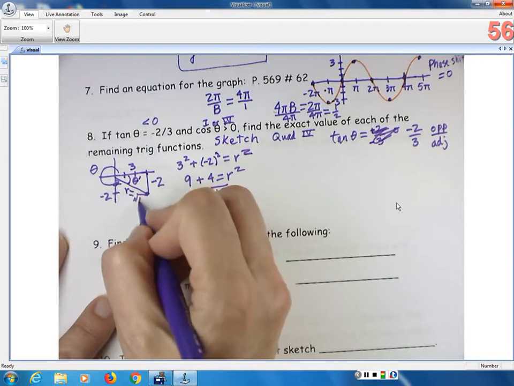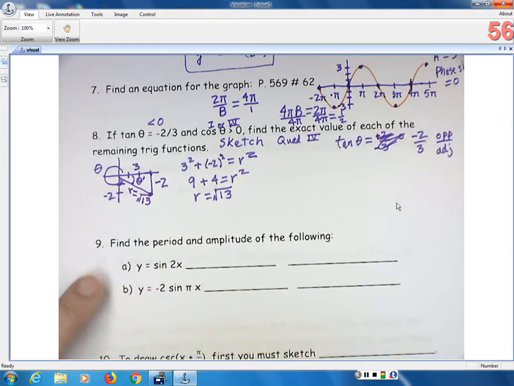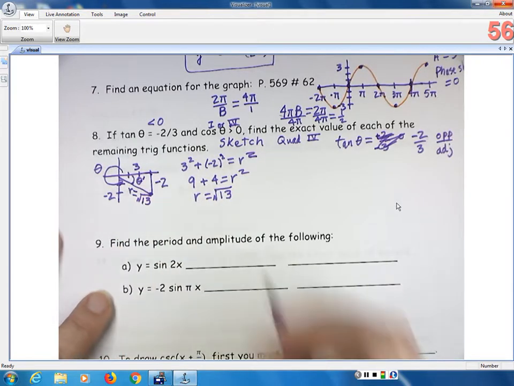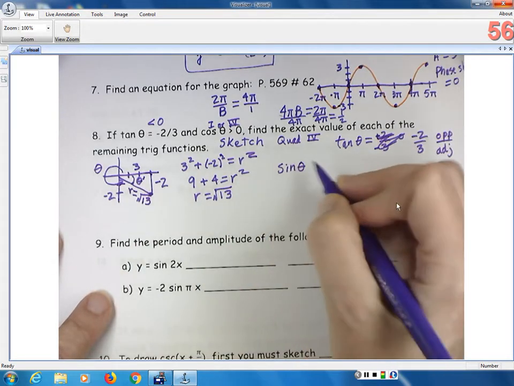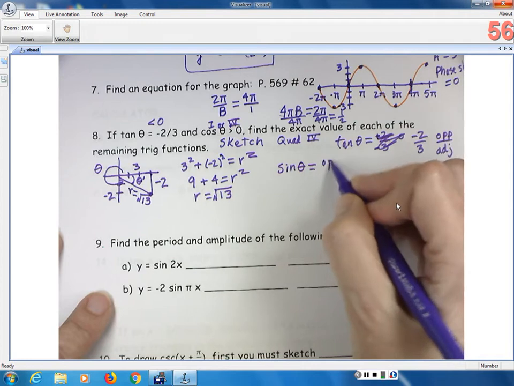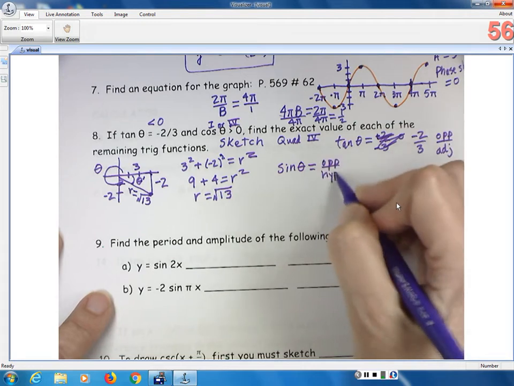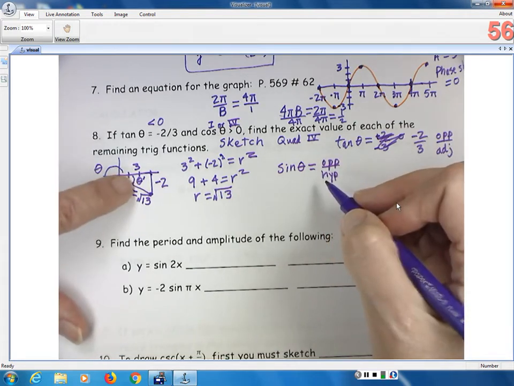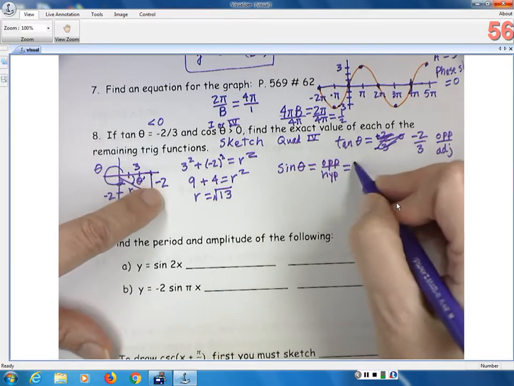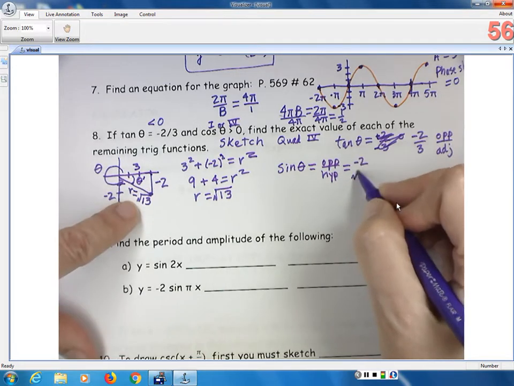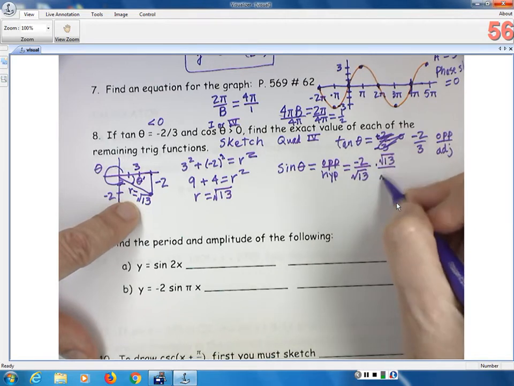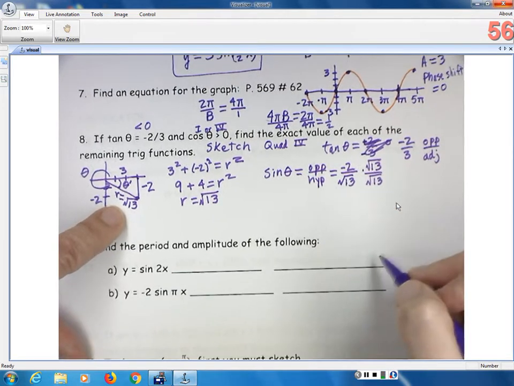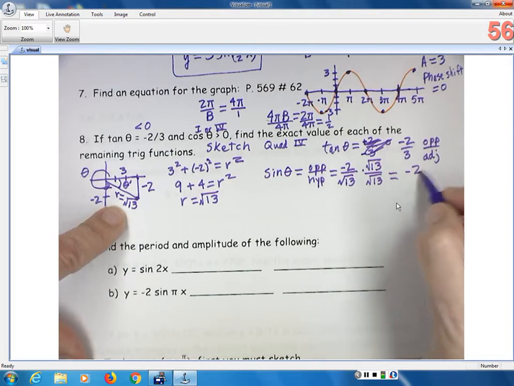Now I can find all the remaining trig functions. So there's 4 left. Sine of theta is opposite over hypotenuse. You're going to use theta prime. Negative 2 over square root of 13, but we want to rationalize that, so we multiply by square root of 13 over square root of 13, and that is minus 2 square root of 13 over 13.